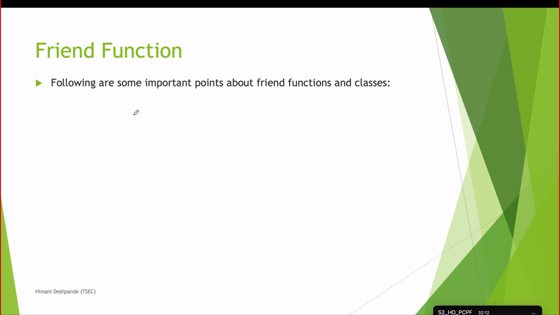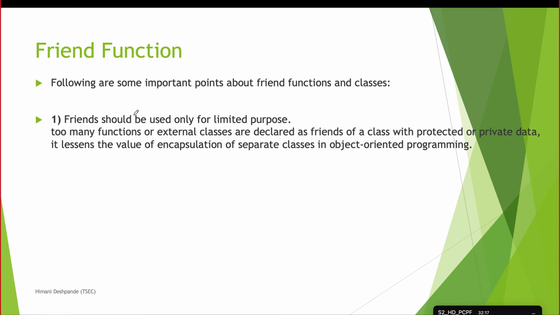But there are some things we need to keep in mind while implementing friend functions. The first thing is that the use of friend functions should be limited. That is obvious. You are not going to share your secrets with each and every one. Your closest friends are going to be few, maybe one, two or three, not more than that. Why do we need to restrict the use of friend functions? Because the whole concept of encapsulation will be at stake.